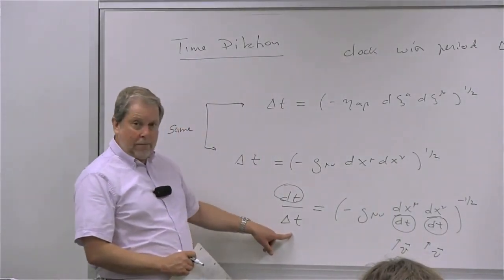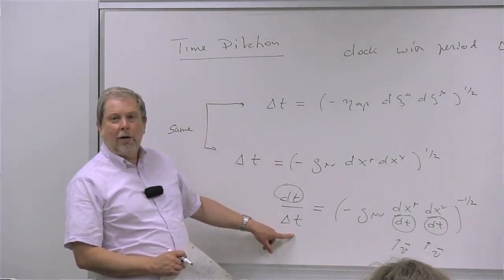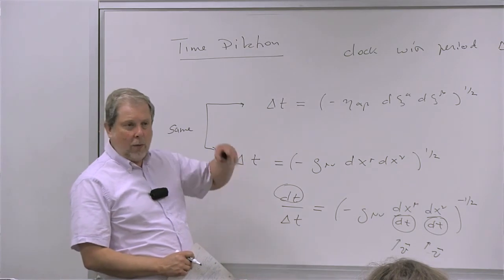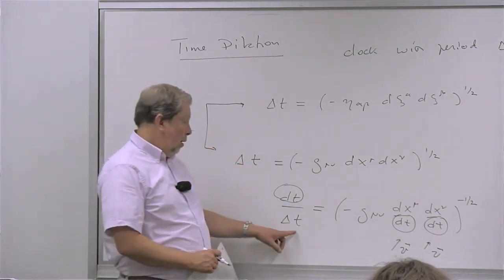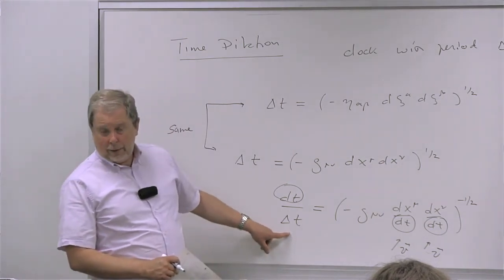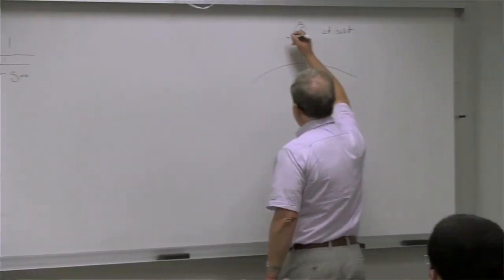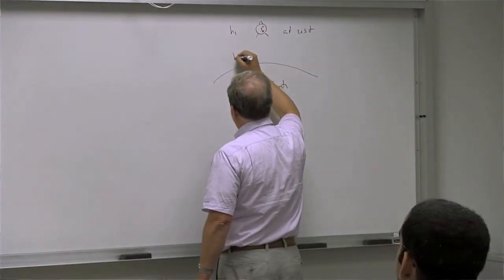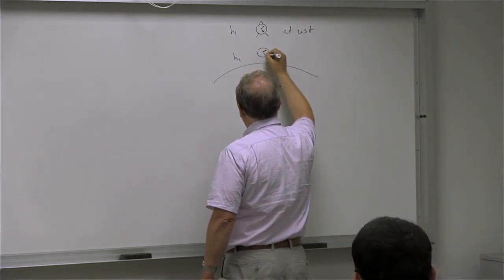And this delta t is the proper time interval or proper clock period for a clock that is somewhere out in the middle of nowhere with no gravitational field. Well, who knows what that clock period is, because all we can do on Earth is measure a clock period for a clock that is at some height h1 and a clock that is at some other height, which is h2, right?